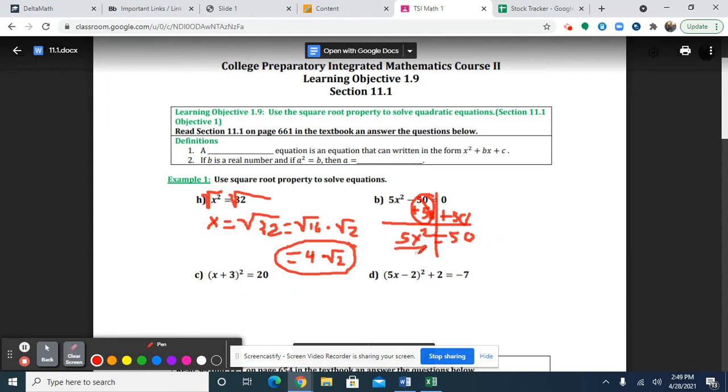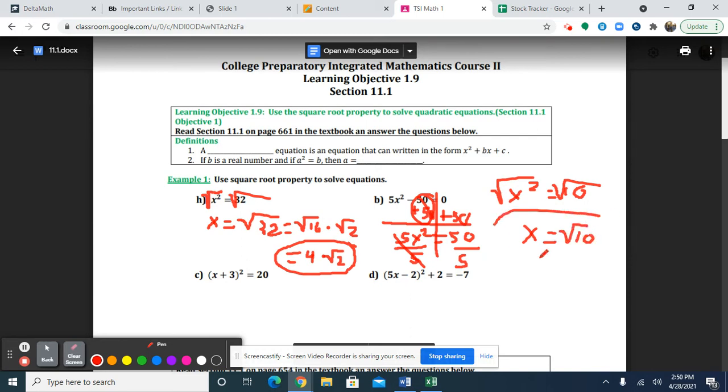Then we're going to divide both sides by 5. That cancels out. So x squared is 50 divided by 5, which is 10. We're going to go ahead and take the square root of both sides. So x is equal to the square root of 10.